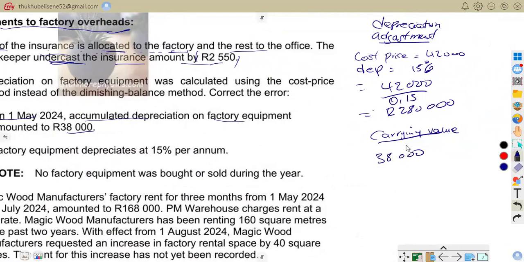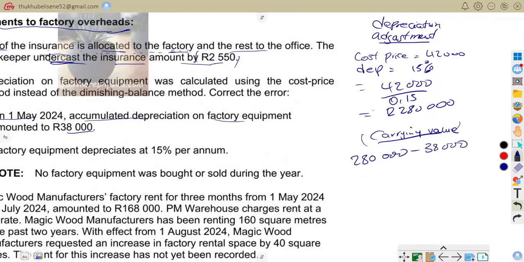For us to calculate the carrying value, we are going to say 280,000, which is this cost, minus 38,000.